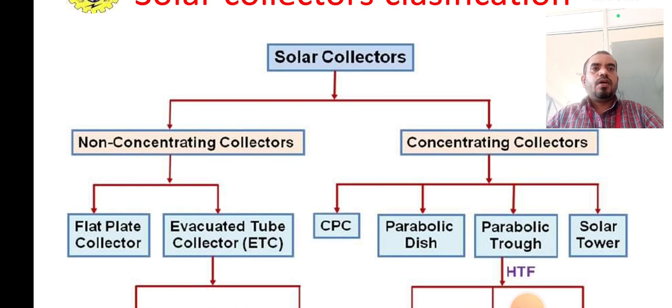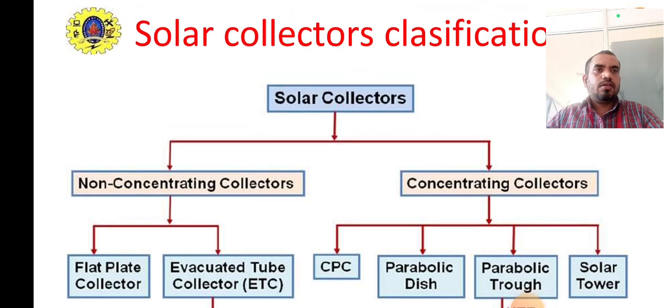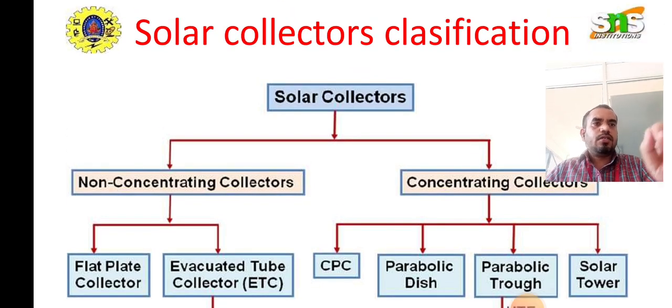First, we know what a collector is, right? The collector is a device used to gather radiation from the sun and transfer that radiation to the fluid present inside it. The fluid may be in the form of gas or liquid.